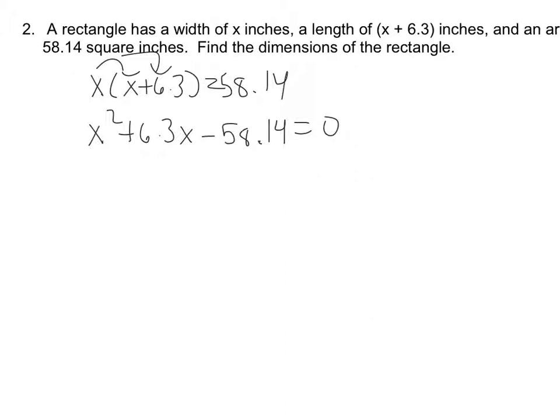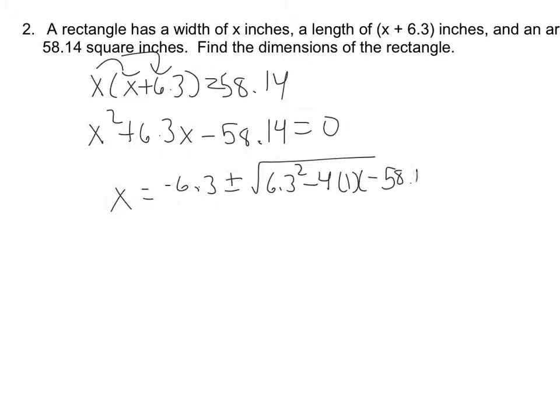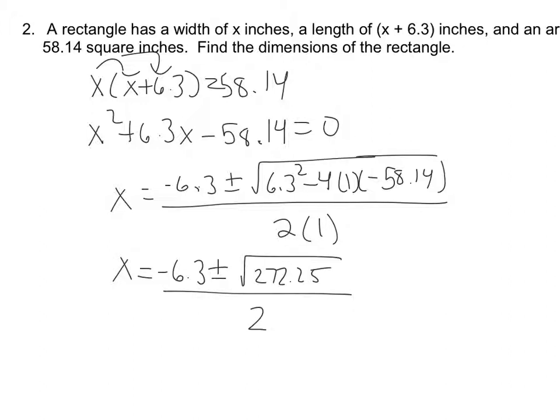Now you just got to use the quadratic formula. So x equals negative 6.3 plus or minus the square root of 6.3 squared minus 4 times 1 times negative 58.14 all divided by 2 times 1. So just get the calculator out, plug it in, and chug it out.